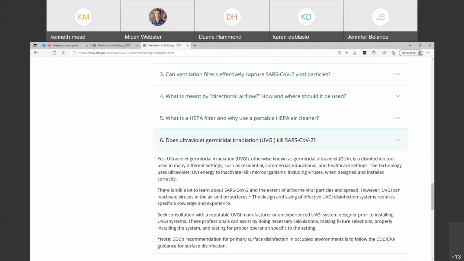And what they're finding is that in some regions, they're being denied proposals that utilize ultraviolet germicidal radiation. This is also sometimes called germicidal ultraviolet, GUV. And there's a misunderstanding out there that CDC does not recommend the use of this intervention.